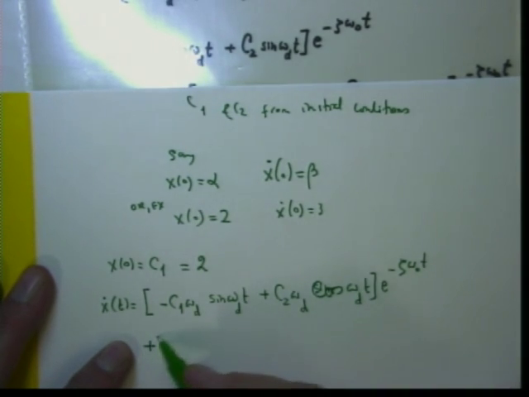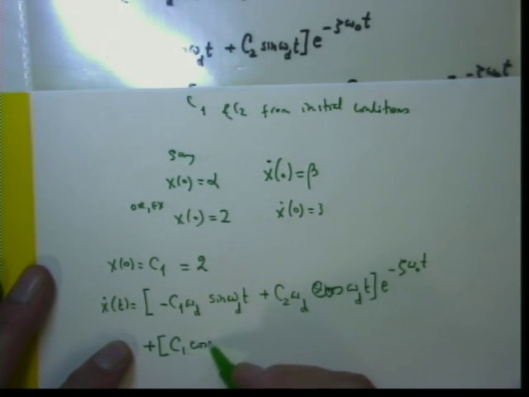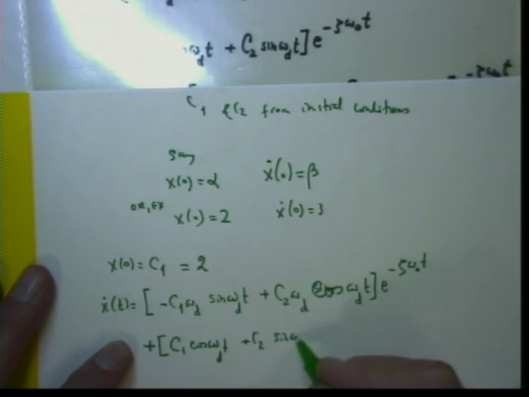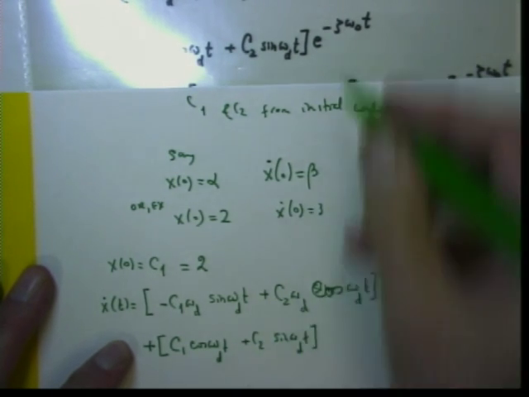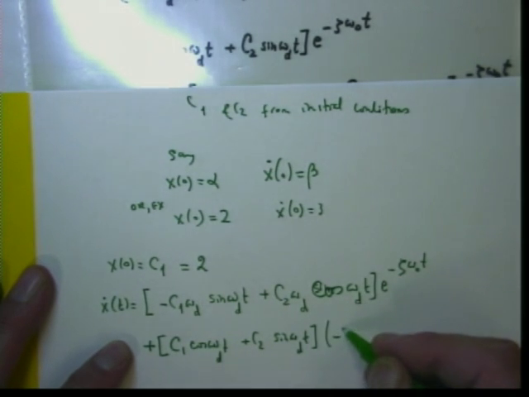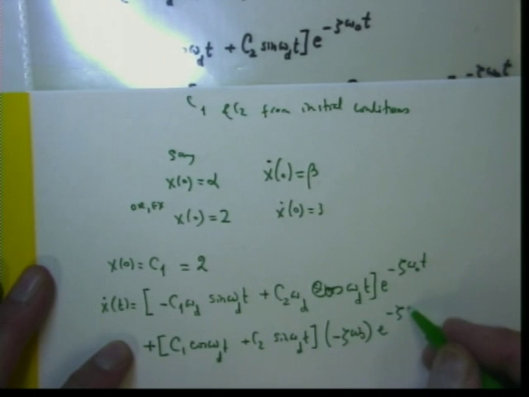Plus, then I'm leaving this square parenthesis intact, C1 cosine omega sub d t plus C2 sine omega sub d t, and I differentiate the exponential with respect to t: minus zeta omega 0 e to the power minus zeta omega 0 t.